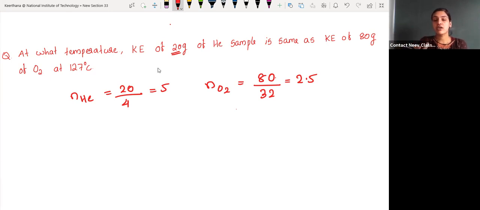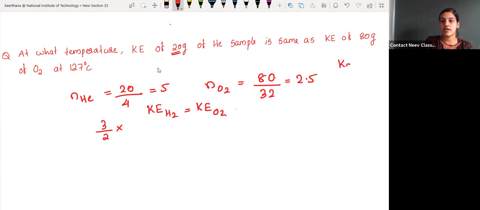So you have to use the equation and you have to find it. So you can write kinetic energy of He is equal to kinetic energy of O2. You can use the kinetic energy of n moles equation, which is n into 3/2 RT.